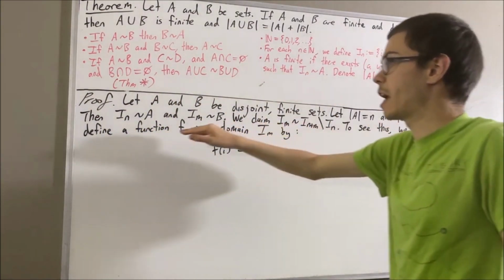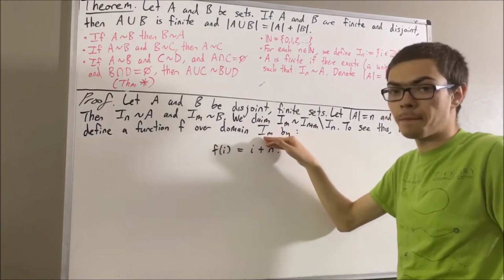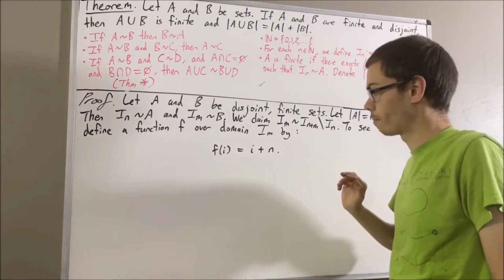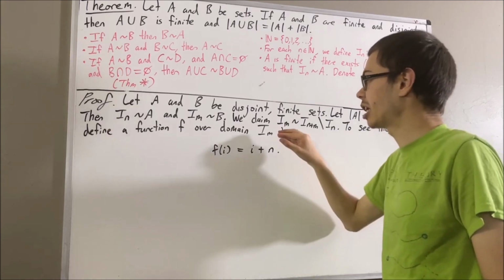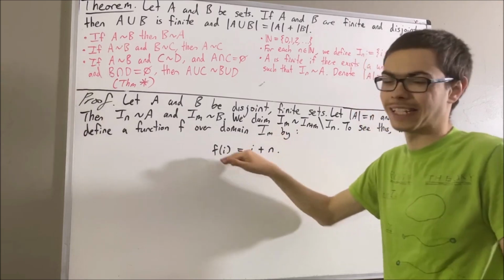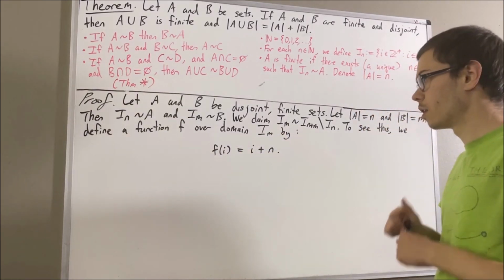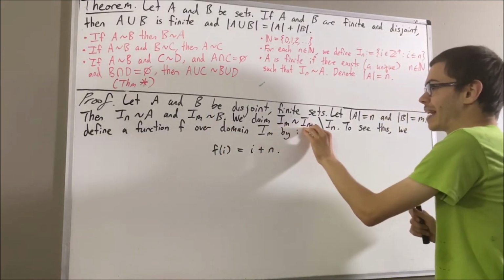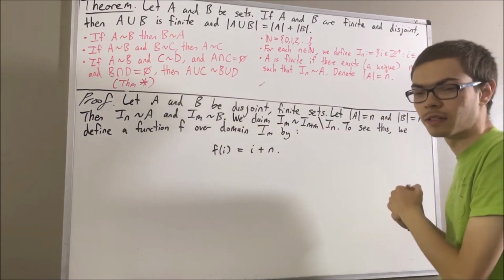We define a function f over domain Im by the formula that we have here. We take each element I in Im and add n to it. That's the output value. Our claim is that f is a bijection from Im to In plus m set minus In.